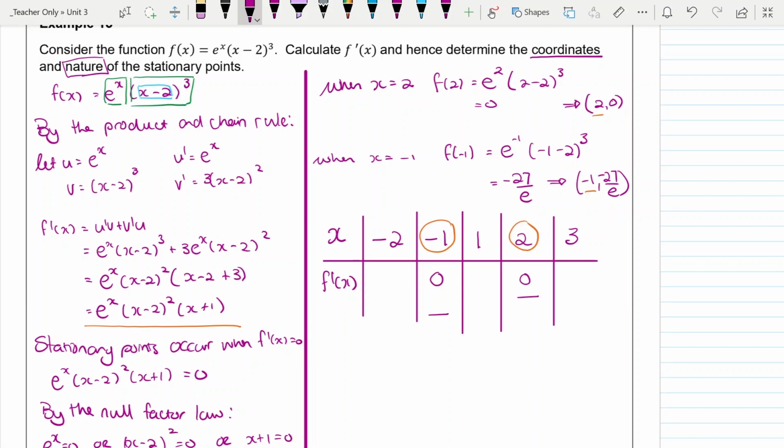Okay. Now, when x is equal to -2, my derivative, which is my function that I've underlined in orange over here, means I'm going to put -2 into that. So I've got e to the -2, -2 take 2 all squared, and -2 plus 1.